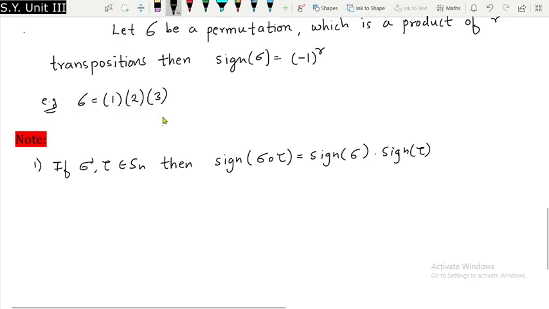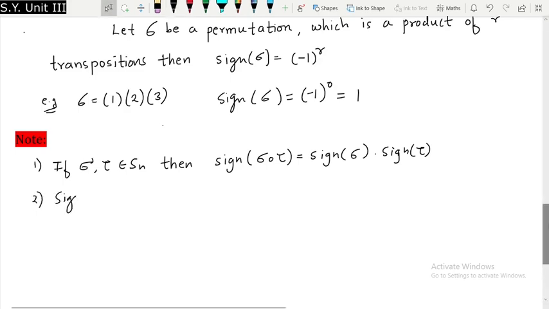Therefore the sign of the identity permutation is minus 1 raised to 0, which is nothing but 1. So whenever you talk about the sign of the identity permutation, it is always 1. If you want, I will write the note over here.